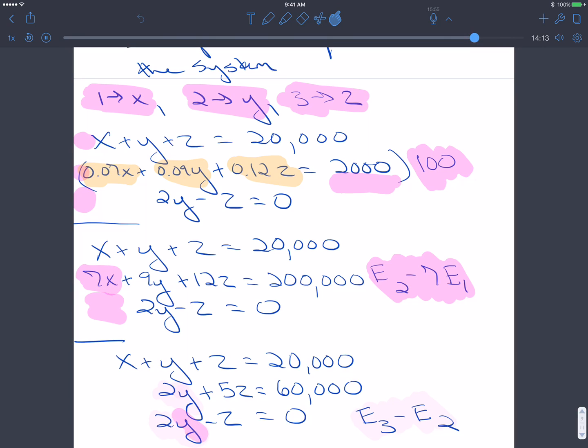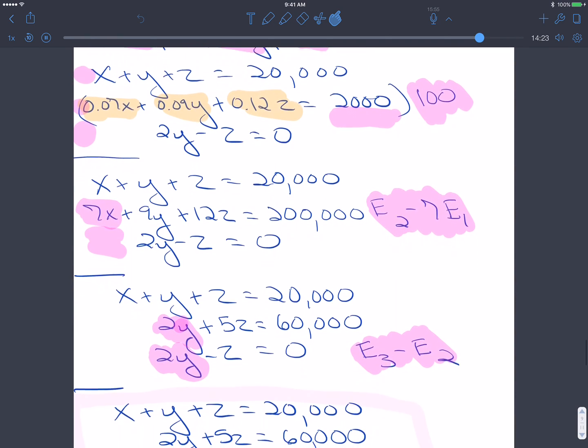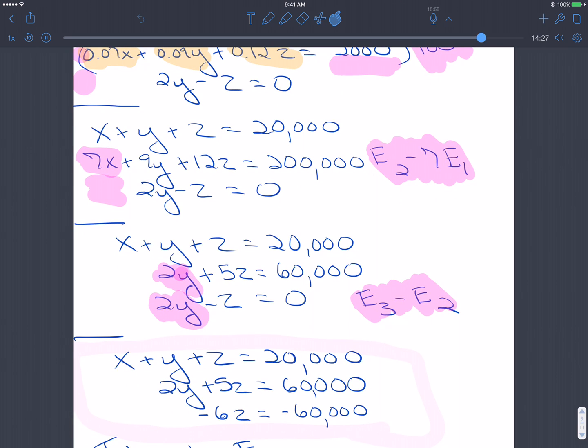Now, for triangular form, I have to get rid of this 2y. That's the last thing I need to do. But I have 2y in the second equation, so if I just subtract the second equation from the third, I'll get rid of that y. So once I do that, I'll have x plus y plus z equals 20,000, 2y plus 5z equals 60,000, and negative 6z is equal to negative 60,000. That is my triangular form system.